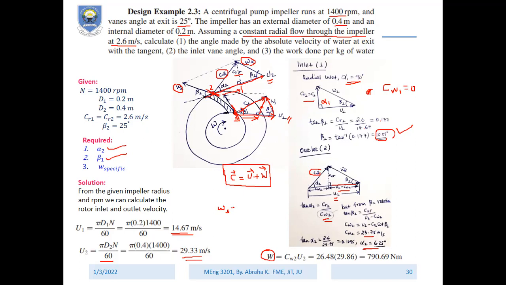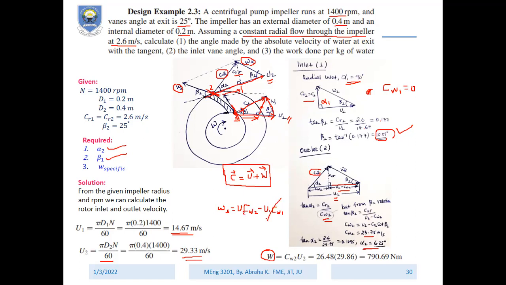The specific work is initially given by U2 CW2 minus U1 CW1.